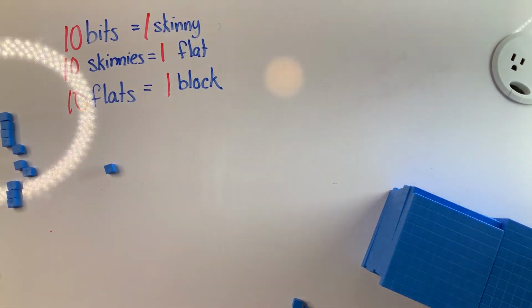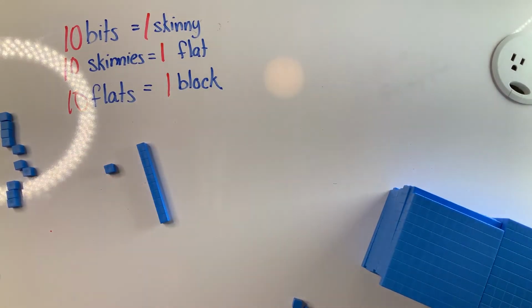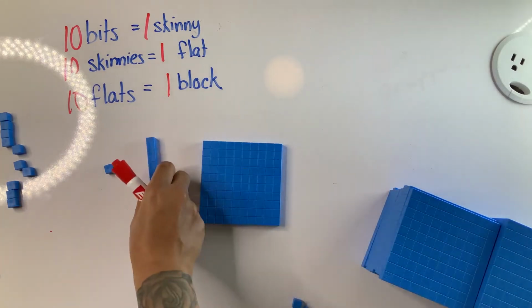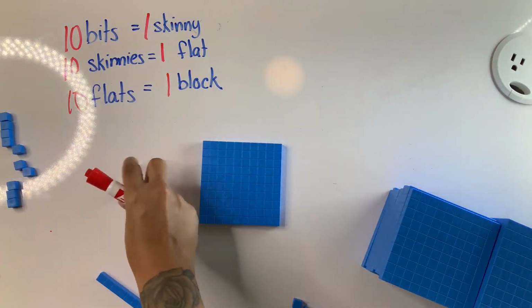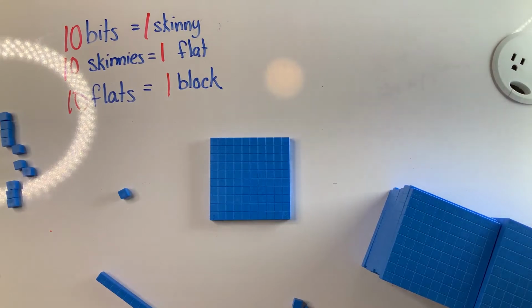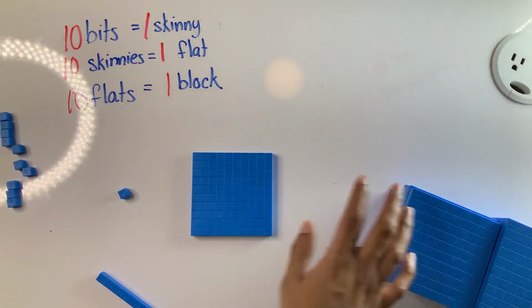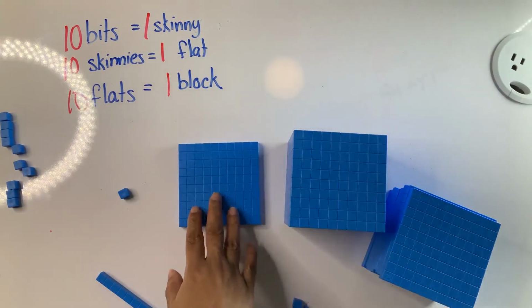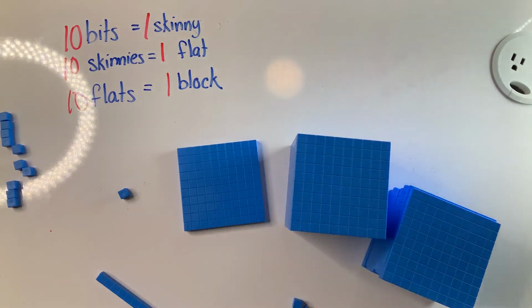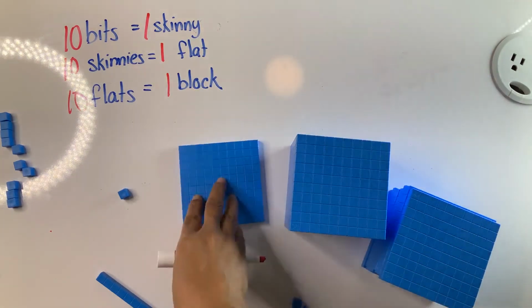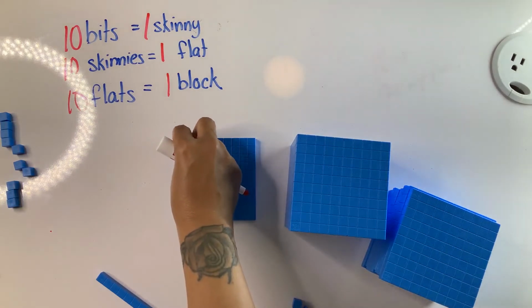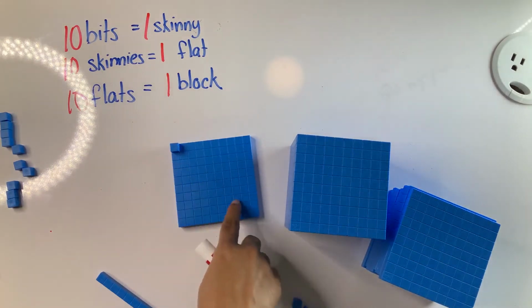So if it takes 10 of these just to make one of these, how many of these pieces will it take to make this big piece? Or even to make this bigger one. Use what you know about relationships, because we're going to figure out how many. You might figure this little guy over here takes quite a few.